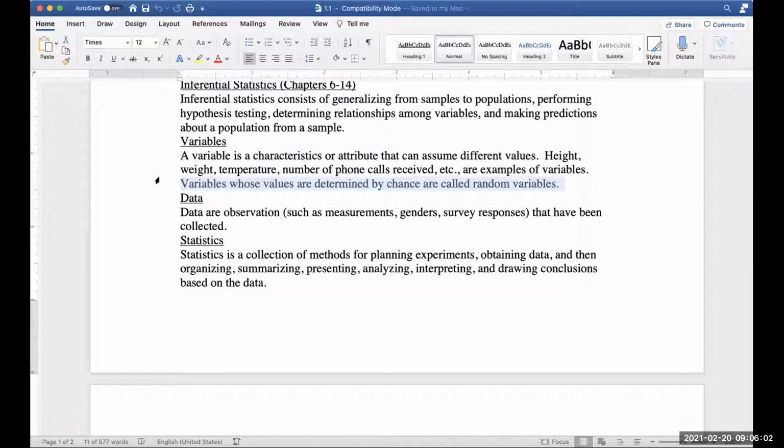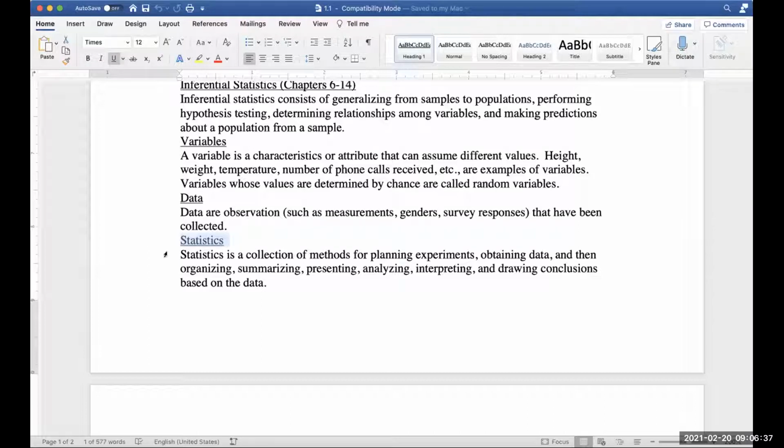So once you have a variable, you'll want to collect data. And so data are the observations, such as some measurement, your height, your weight, some gender, maybe responses to a survey that has been collected for these variables.